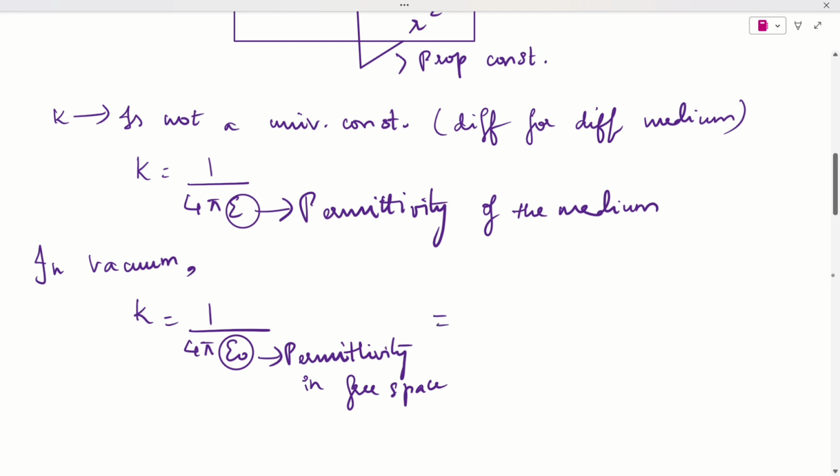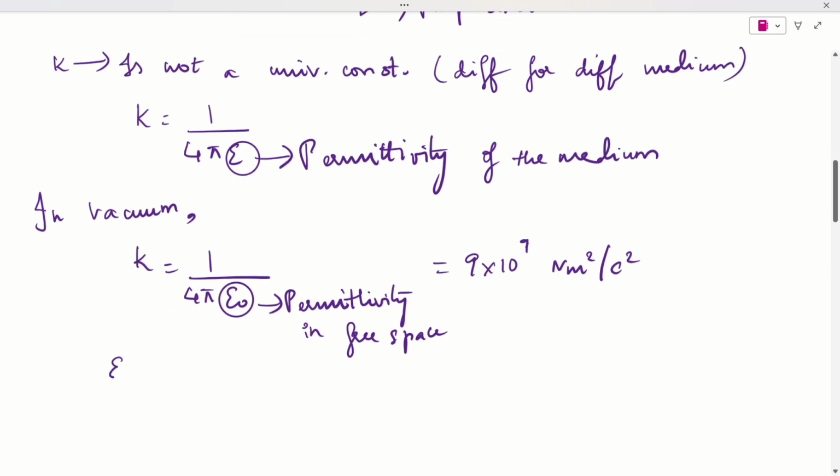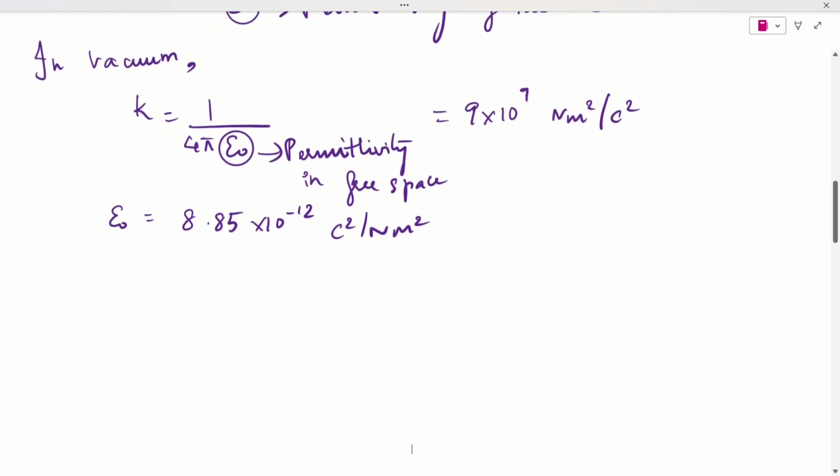The K value is 9 into 10 to the power 9 Newton meter square per Coulomb square, and the value of epsilon naught is 8.85 into 10 to the power minus 12 Coulomb square per Newton meter square. These values can be useful when we are dealing with problems.